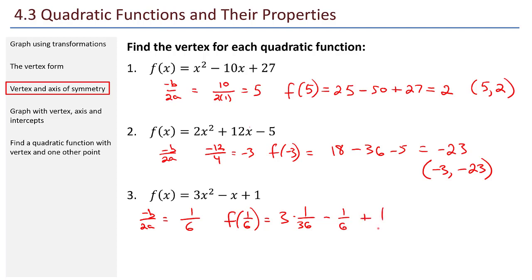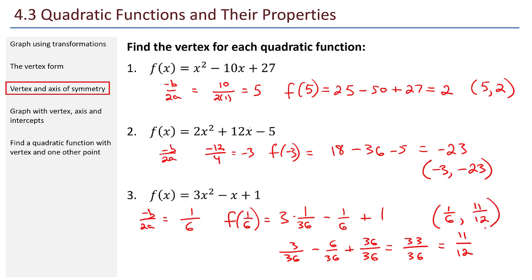Let's put that all over a common denominator: 3/36 minus 6/36 plus 36/36. That gives me 33/36. Then I can reduce, dividing the top and the bottom by 3, and I get 11/12. So in fact, the vertex in this problem is (1/6, 11/12). There we go.